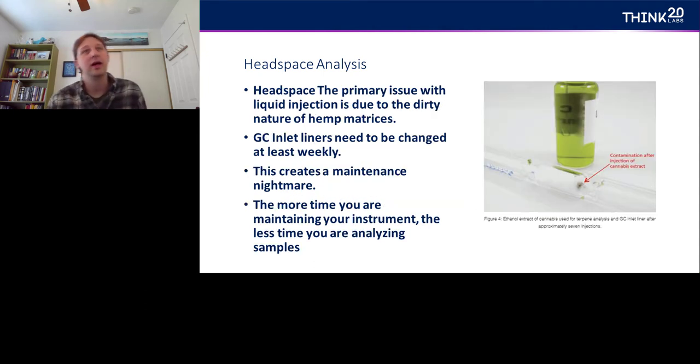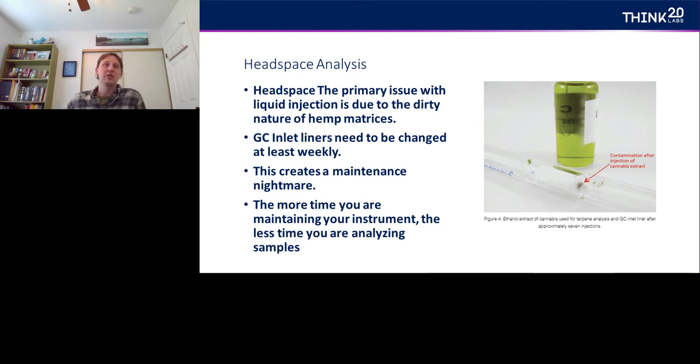And so the alternative to Headspace is liquid injection, which is a much more messy methodology. So basically you can see on the right of this picture is a sample vial. There's a lot of chlorophyll and other compounds.